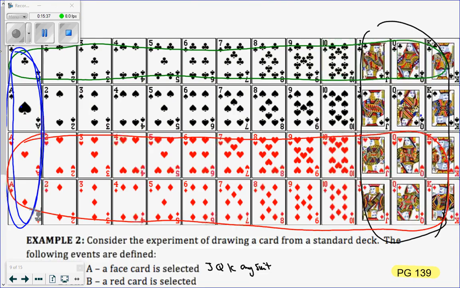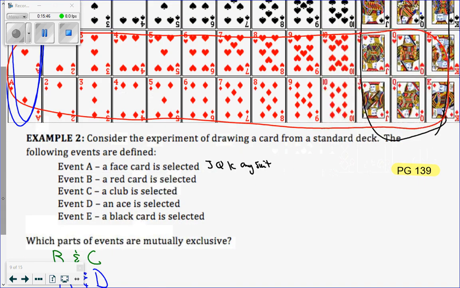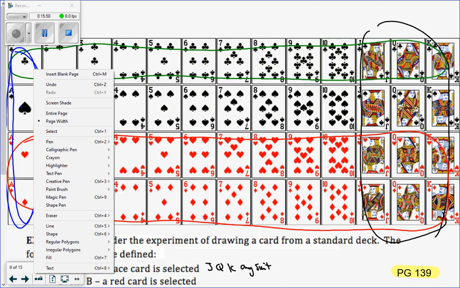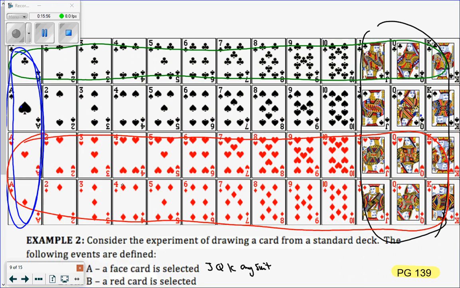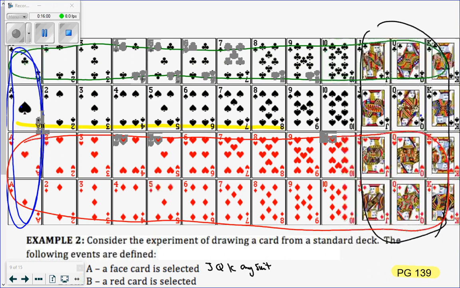Does ace overlap hearts or overlap red? Yes. Does ace overlap clubs? Yes. Okay, one more. A black card is selected. I'm out of colors. Let me get a new color going here. Let's use highlighter. So what was the last event? Black card. So black card is anything here. Okay, so did black overlap face? Yes.